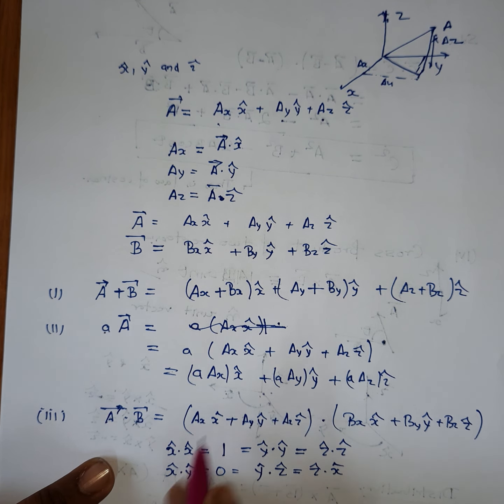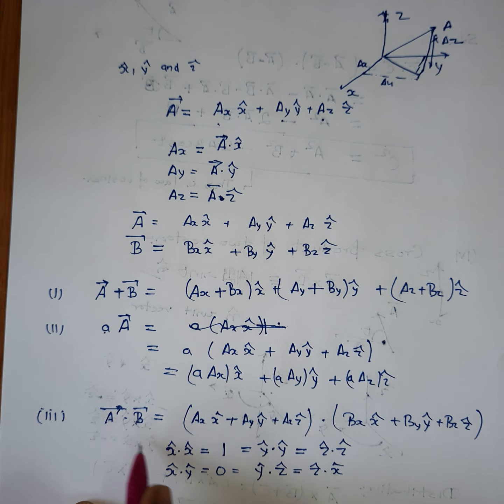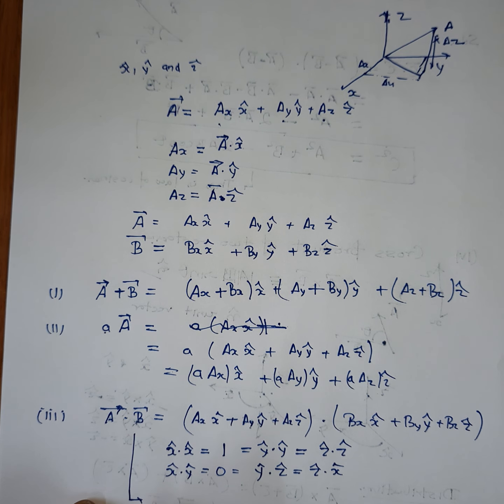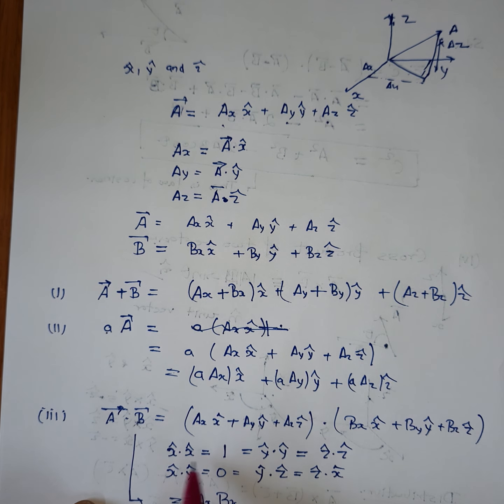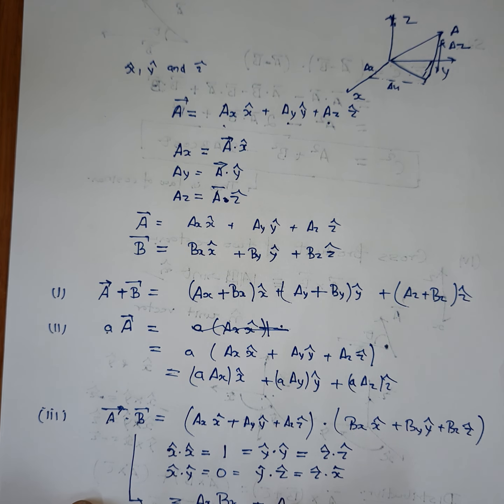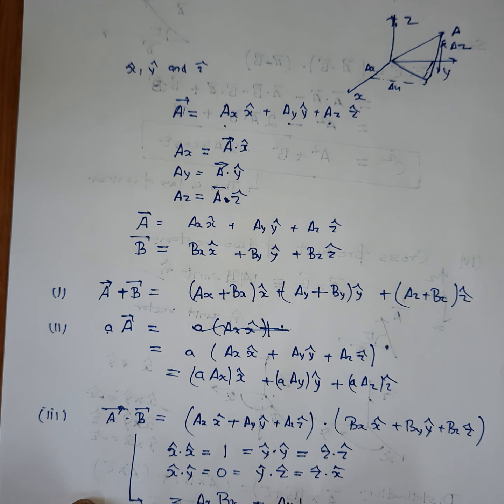Using this relation you will get a vector dot b vector as equal to ax bx, because where x dot x is involved only that term will remain and the rest will be 0. So you will get the multiplication of similar components: ax bx, ay by and az bz. You can do it yourself.